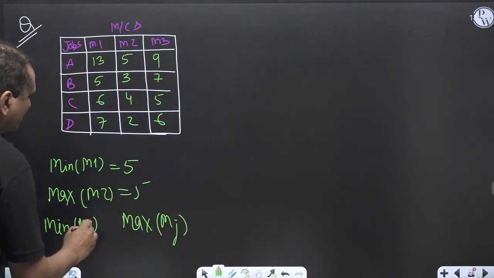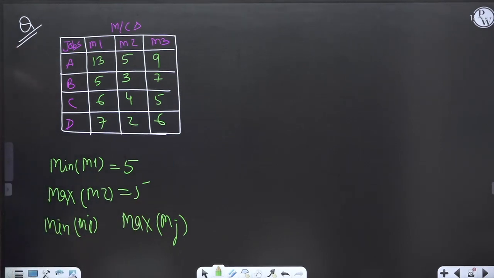So the condition is: minimum Mi is greater than or equal to maximum Mj.